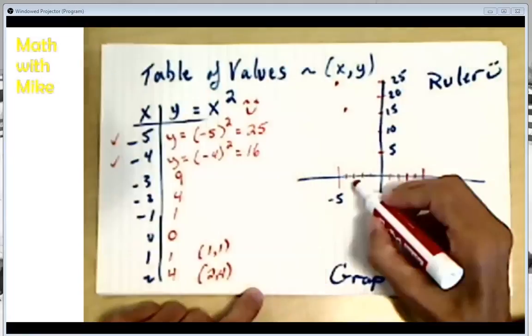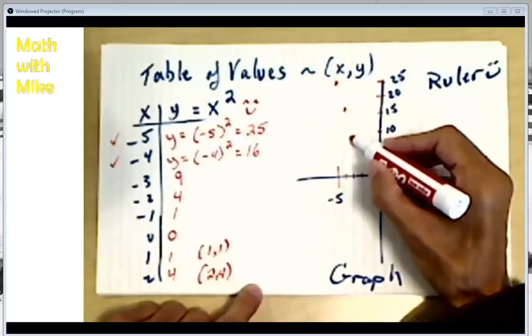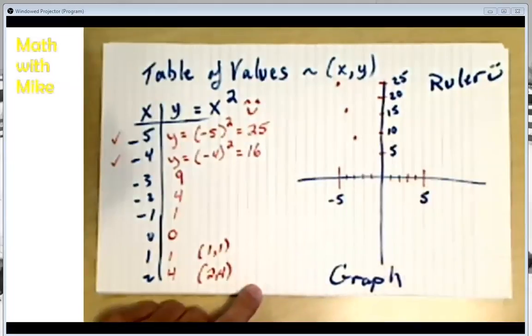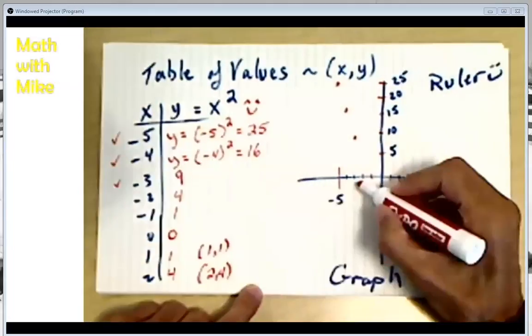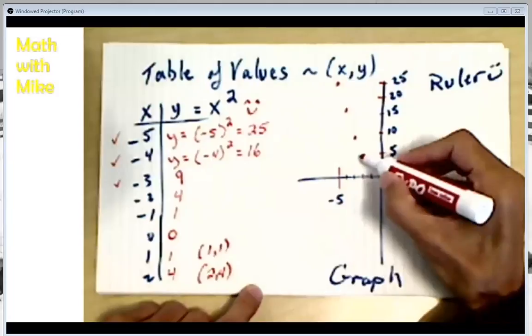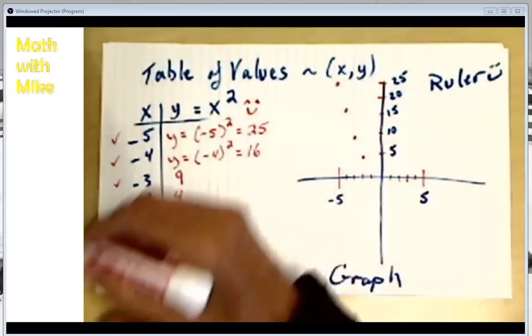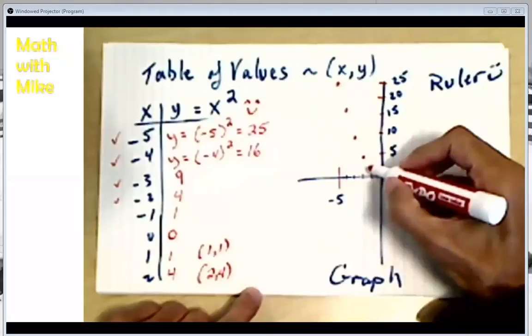We got minus 3. We're at plus 9, so that's like that. At minus 2, we're at a plus 4, which is about there. Minus 1 gives a plus 1, so that's about there.